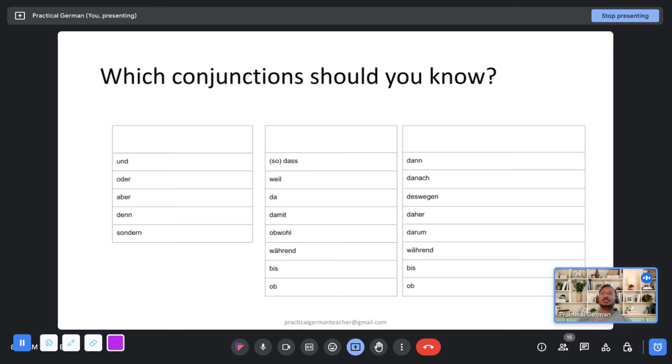Let's talk about conjunctions. We learned how to frame sentences in present tense, and using modal verbs. We also learned how to frame sentences in past tense, also using modal verbs. So now you can frame individual sentences, okay? But now you want to frame complex sentences. You want to say a sentence, put a comma, and then say something else.